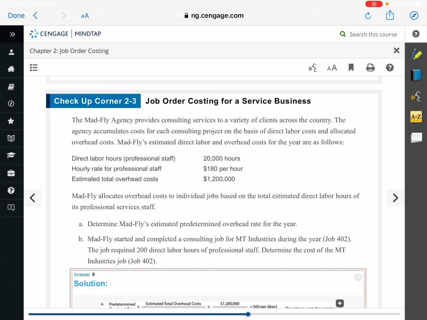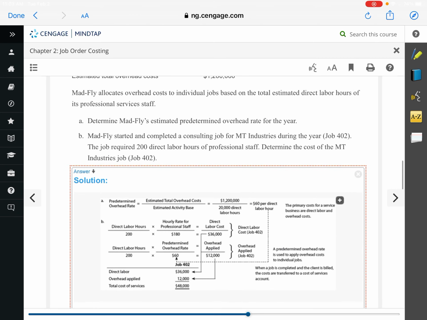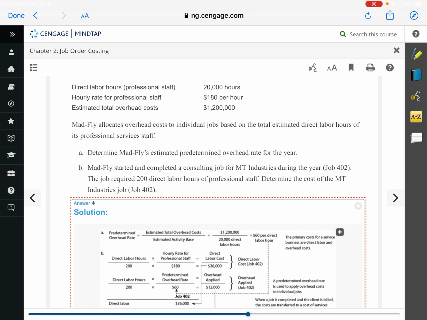All right, so how would we do that? The way that we do that is, number one, we have to figure out what we are trying to look at. We're looking at overhead. They give us their projected total overhead cost for the year, and it's $1.2 million. So we're going to take that $1.2 million, and that's in total, and we're going to try and find a per unit measurement.